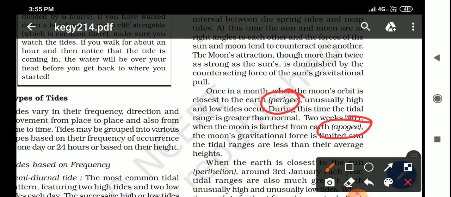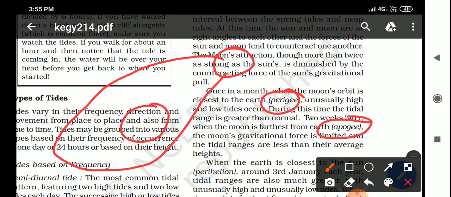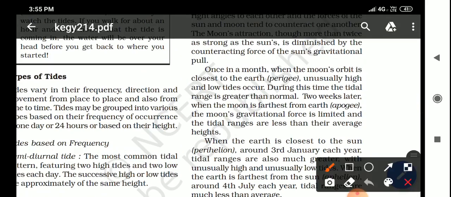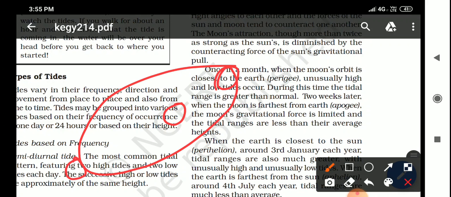Suppose I draw this: this is the position of perihelion, and this is aphelion, where the earth is a little bit farther from the sun.